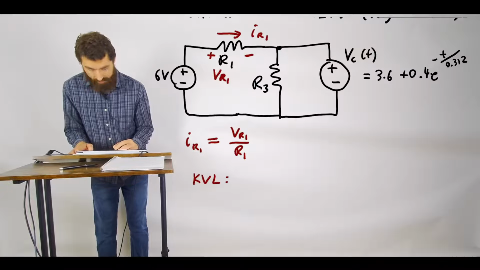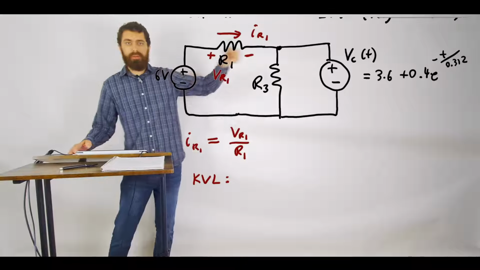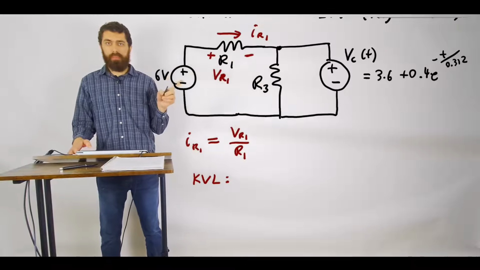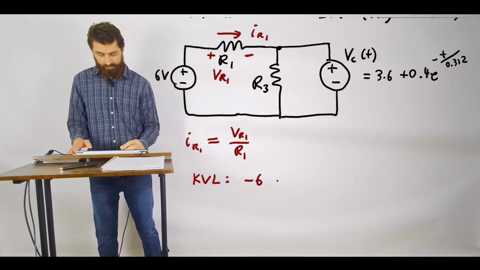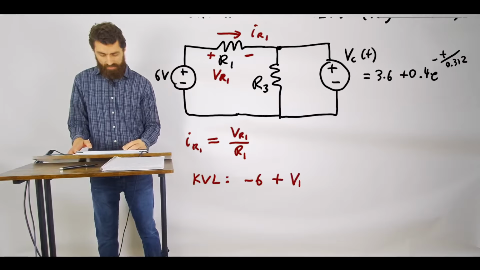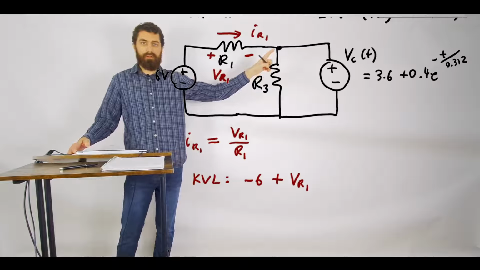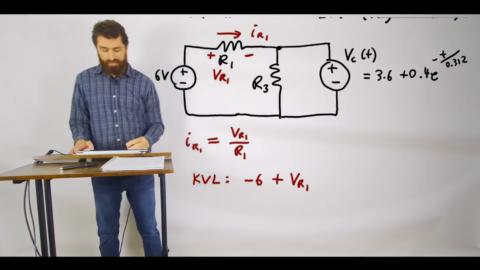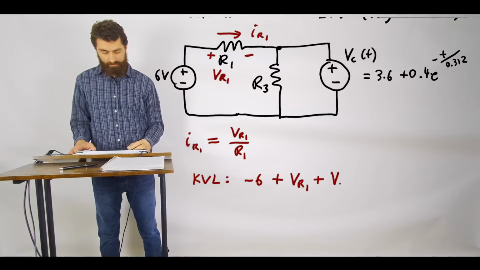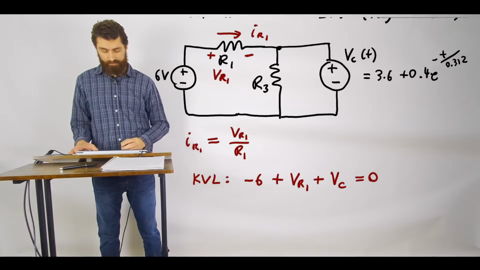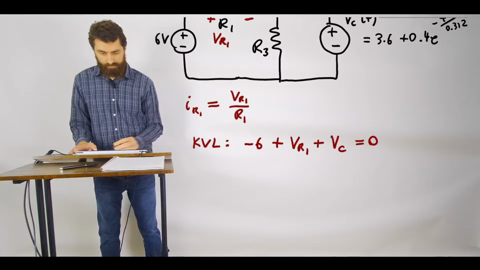KVL, going around the loop: minus 6 volts plus VR1, and then we hit a plus Vc, equals 0.